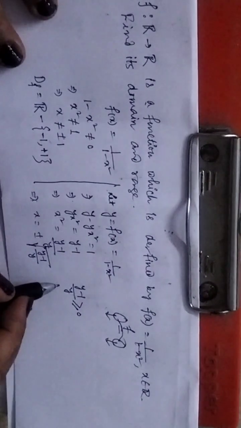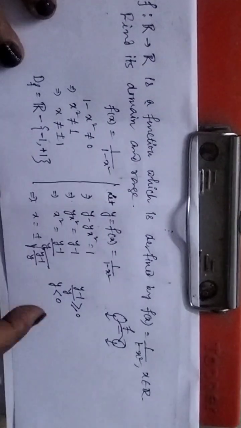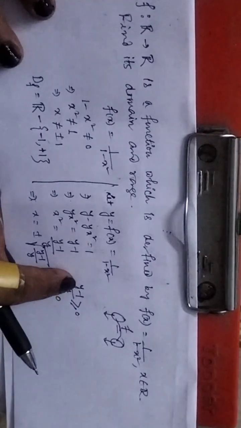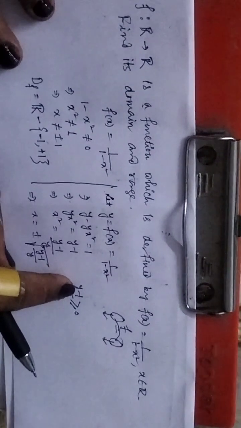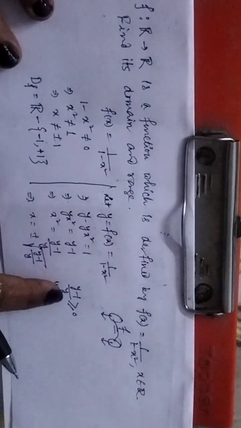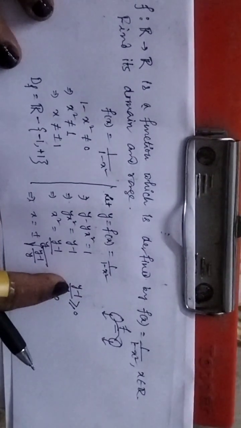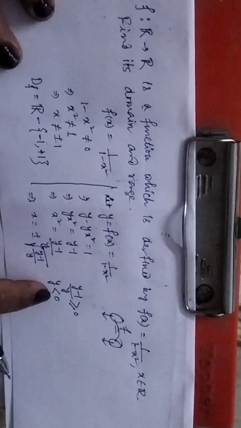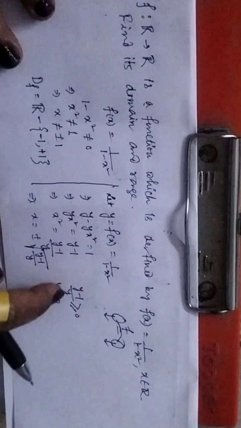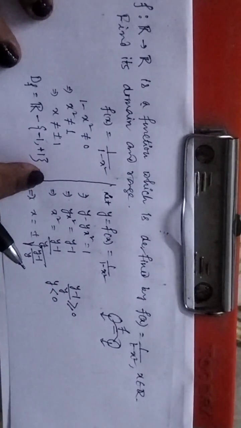How? If we consider y less than 0, any negative value, like minus 1, suppose, then the numerator will give us minus 2 and the denominator will give us minus 1. The minuses cancel in numerator and denominator, and we get a positive value. So y less than 0 satisfies the required condition, y minus 1 by y greater than or equal to 0.